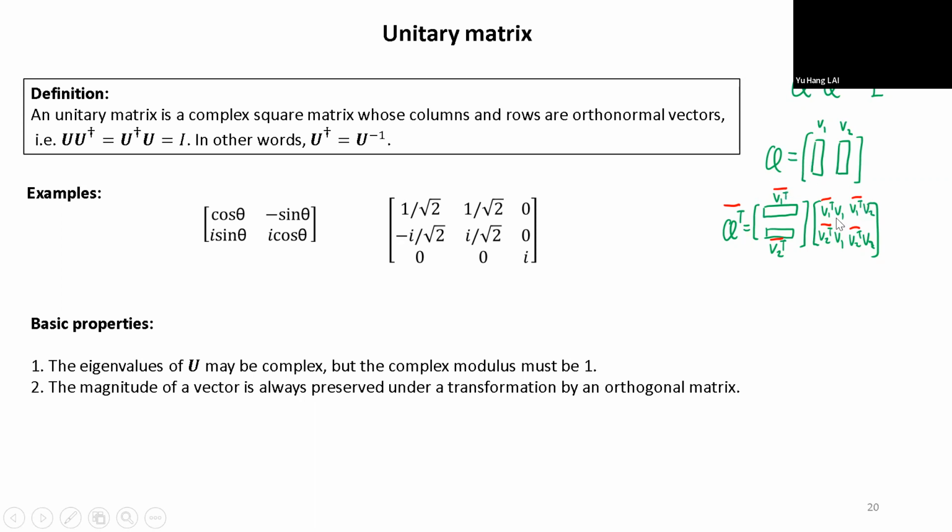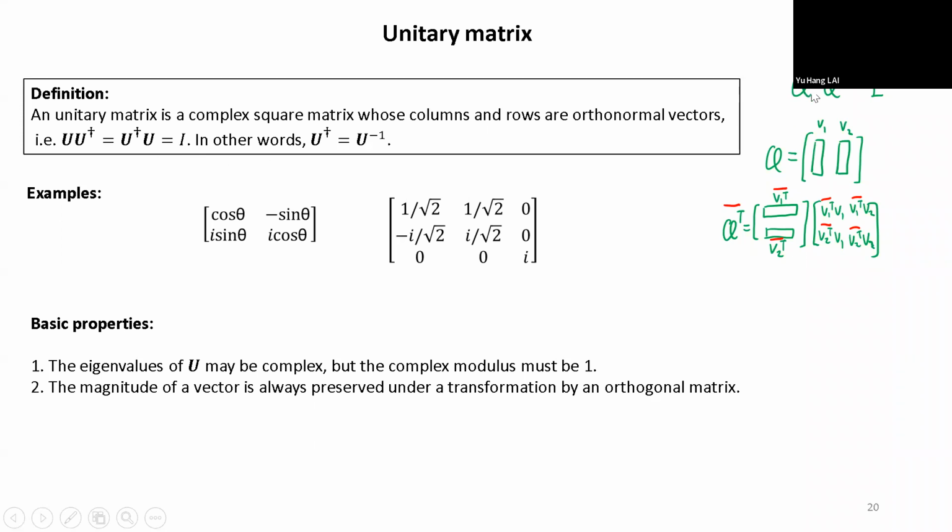If you still get the identity matrix here, then I would say that this is the so-called unitary matrix. The unitary matrix is the generalization of the orthogonal matrix for the complex case.